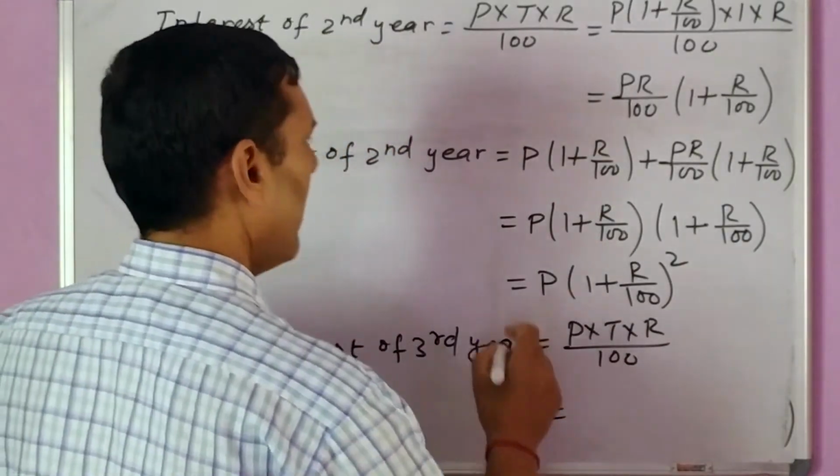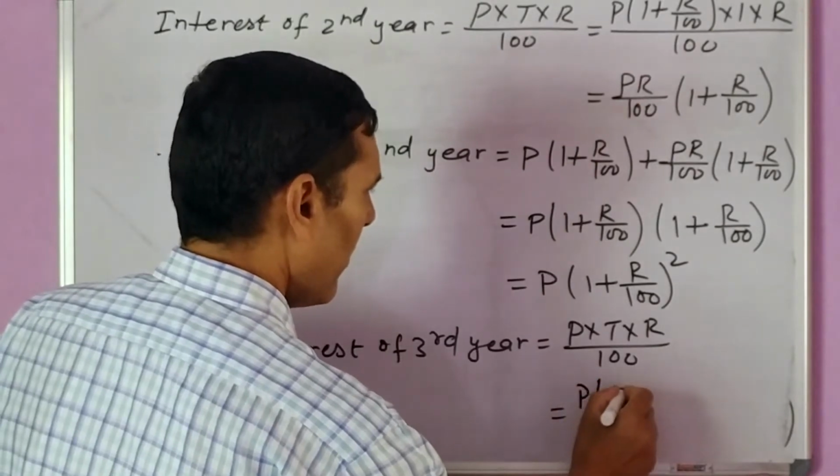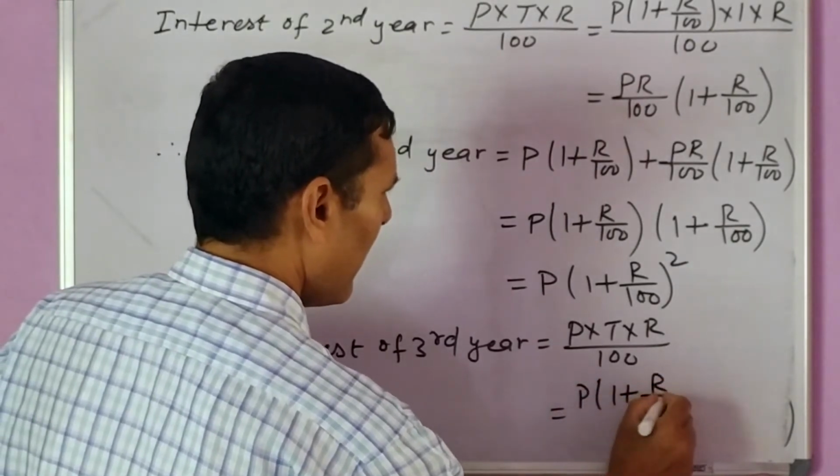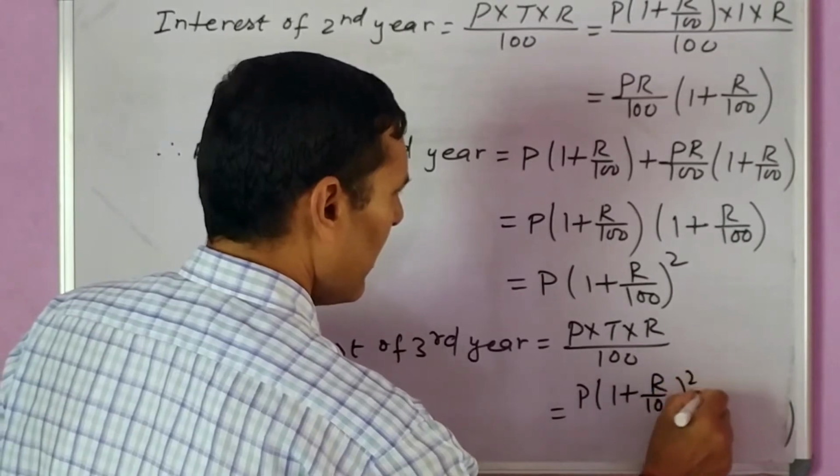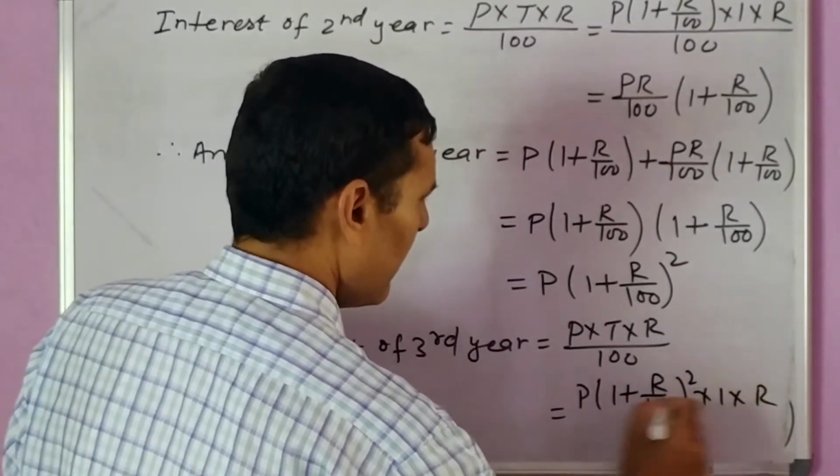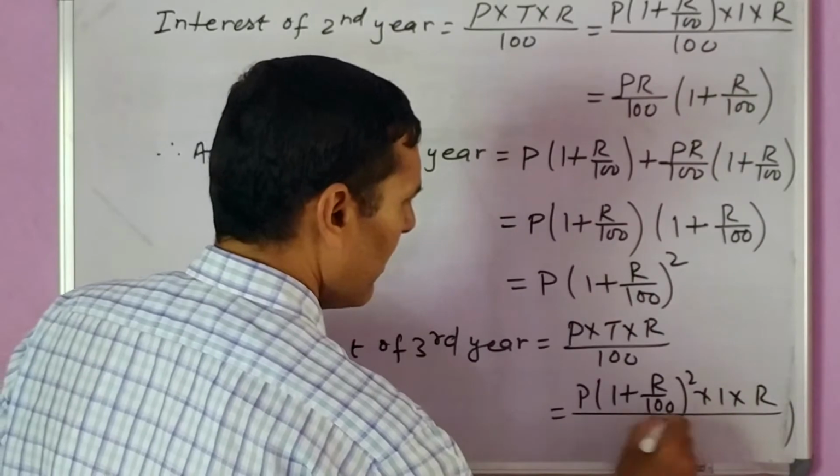So P is P times 1 plus R upon 100 whole square, T is 1, R is R upon 100.